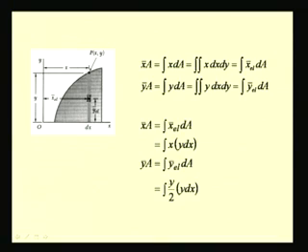The same way here, for determining y bar, it is integral y by 2, which is this distance, times y dx, which is the area of this element. Again, this is a function of x, because we have y as a function of x, and so it is again a single integral.